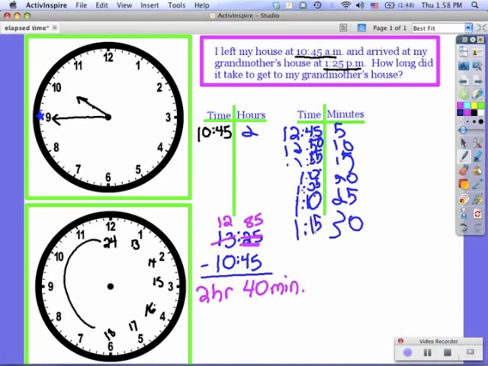And then 35 would make it 1:20. And then 40 would make it 1:25. Okay, good. So we see that we have 2 hours and 40 minutes. Did I get the same answer in both cases? Yes. It's whatever strategy works best for you.